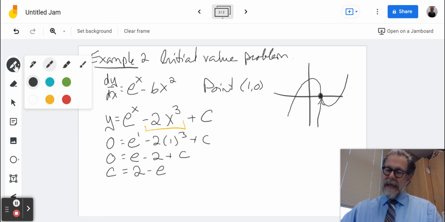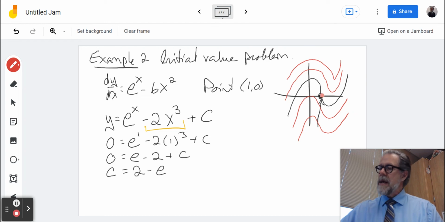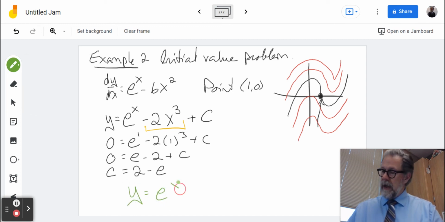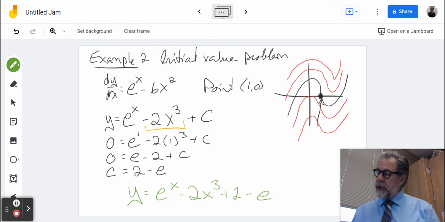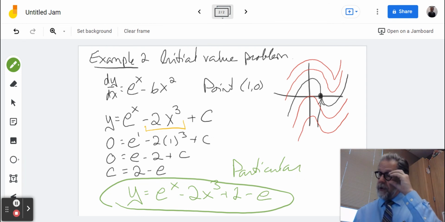And all of the other functions that have the same derivative, notice same slope at every single point on every single one of these functions, but only one of them goes through the point (1, 0), which means that my function has to be y equals e to the x minus 2x cubed plus 2 minus e. And this is called a particular solution, whereas the last one was called a general solution.